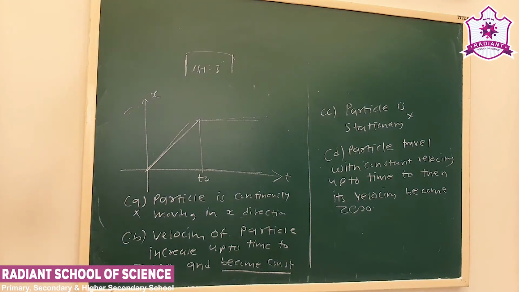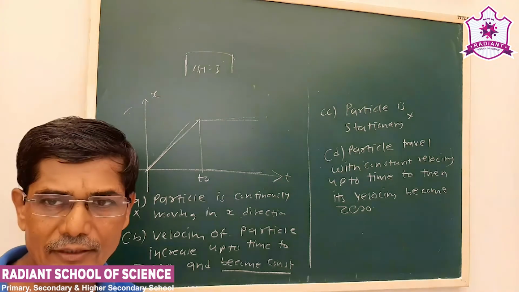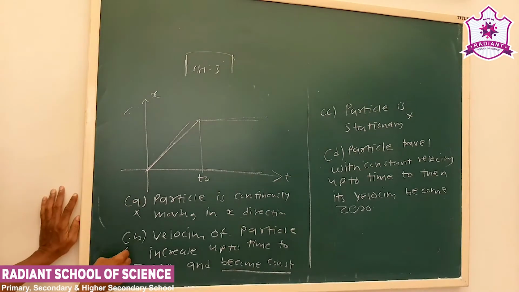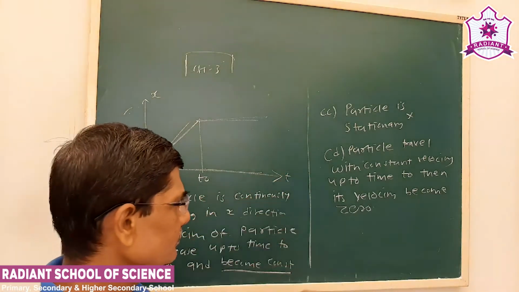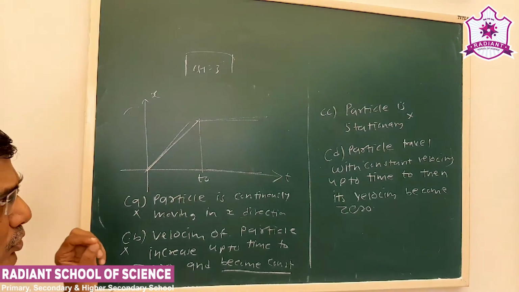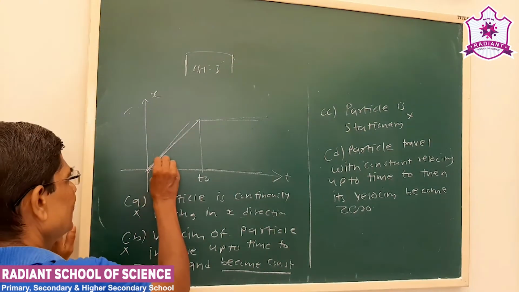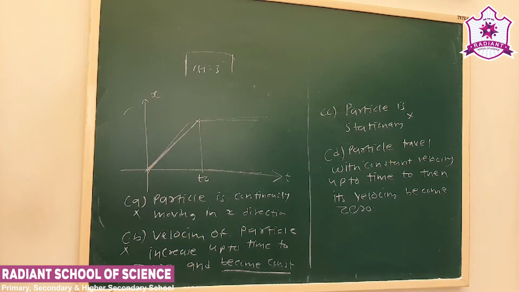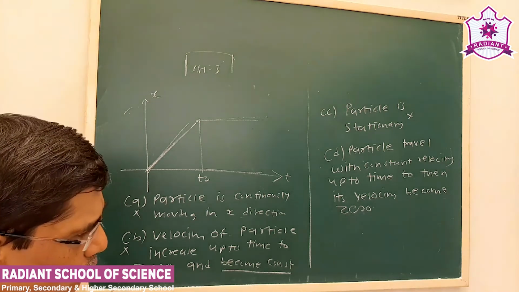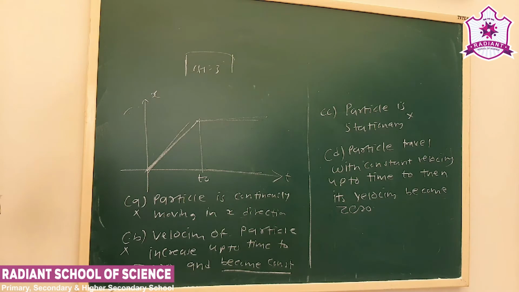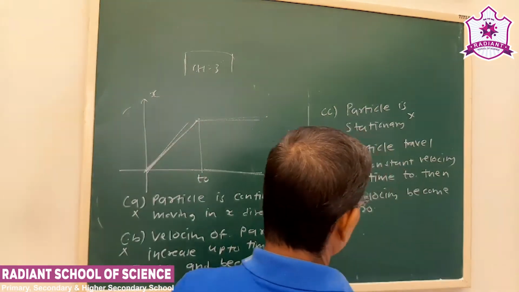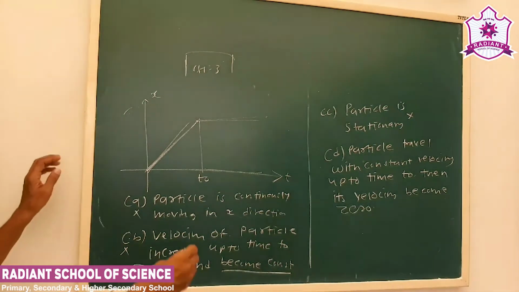In that case, the graph of constant velocity is always a straight line, so that option is not correct. Now the fourth option: the particle travels with constant velocity up to time t0. Yes, the x versus t graph is a straight line, so it moves with a constant velocity. Yes, there is uniform motion. But once t0 time has passed, the position does not change.